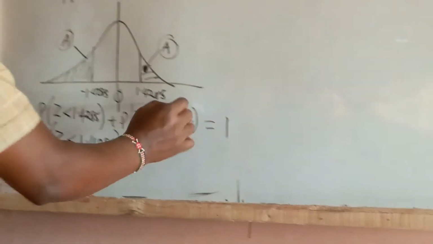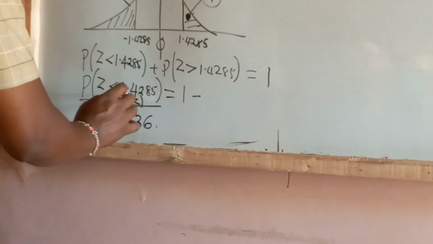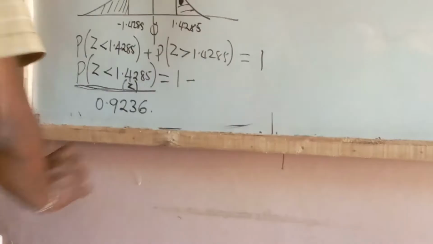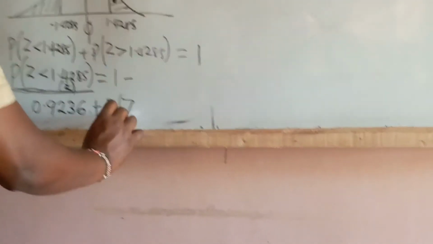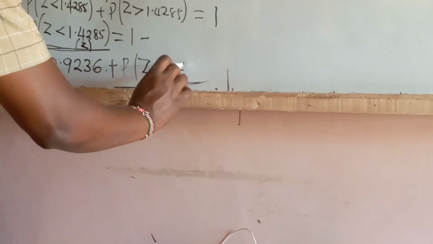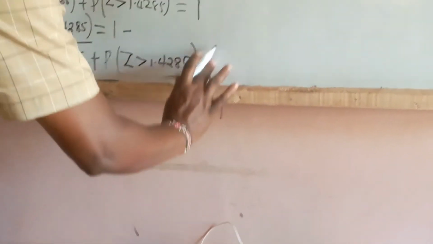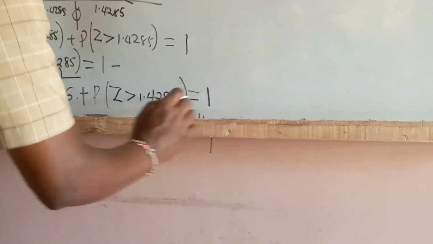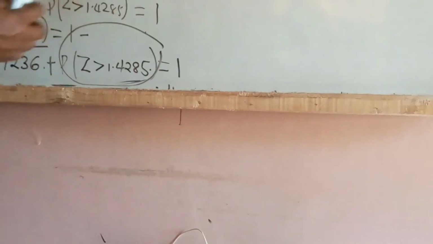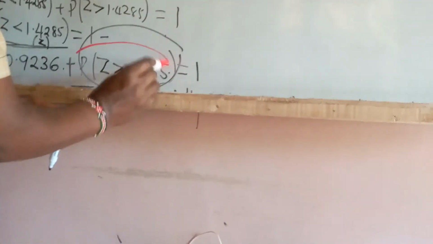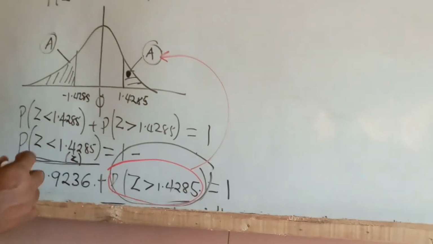So we are looking for this, meaning that the area of the region of Z less than 1.4285 is 0.9236, plus the probability of Z greater than 1.4285 should give us 1, and this region is the A.